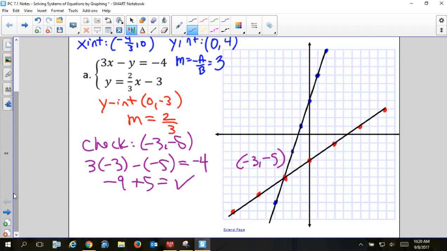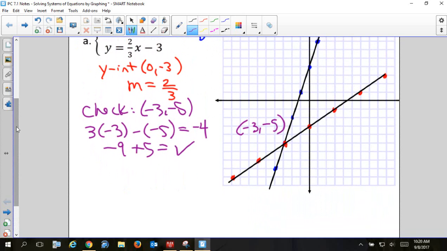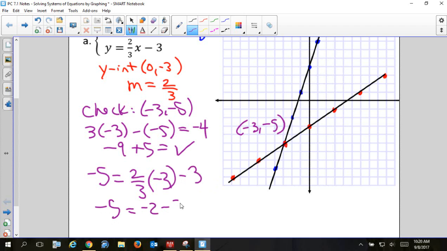Then I will check it in the second equation. -5 equals 2/3 times -3 minus 3. -5 equals -2 minus 3. Yep, that does equal -5. So if it checks in both equations, then you have the right answer.